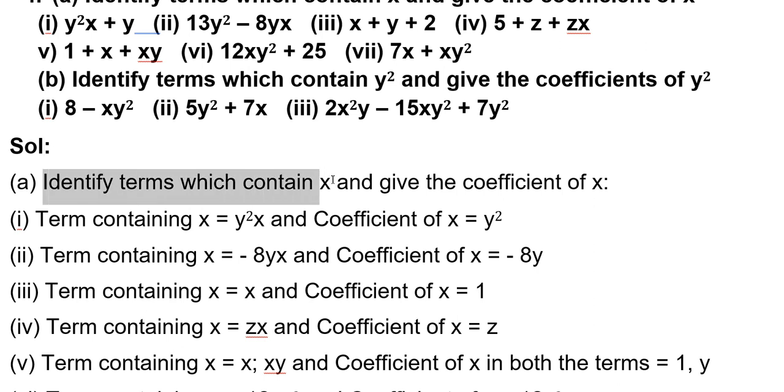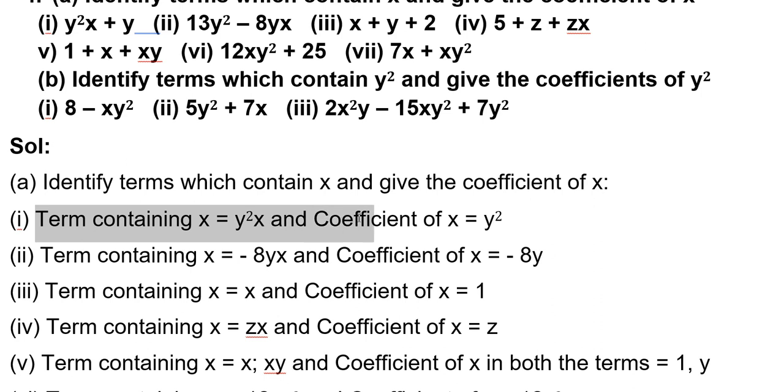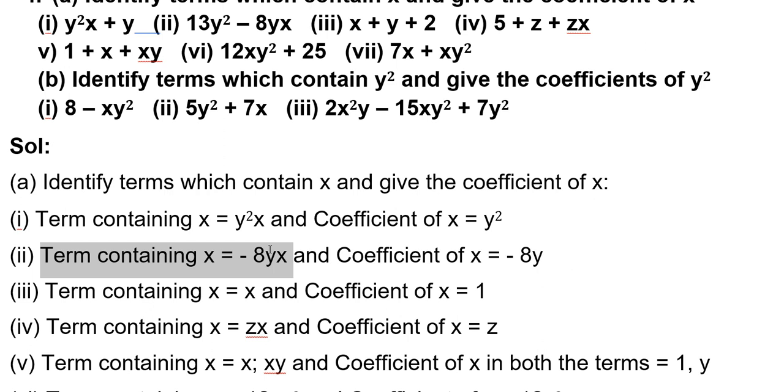Solution. Identify the terms which contain x, give the coefficient of x. The term containing x is y square x, and the coefficient of x is y square. Second, the term containing x is minus 8yx. The coefficient of x is minus 8y.